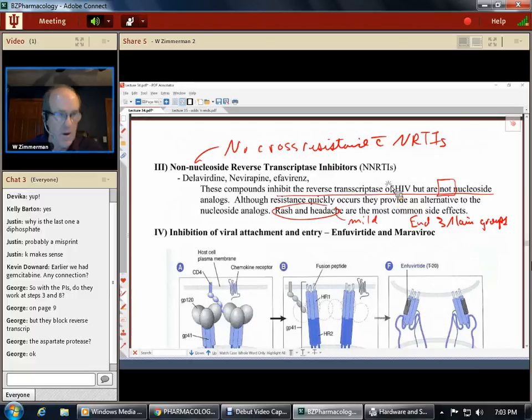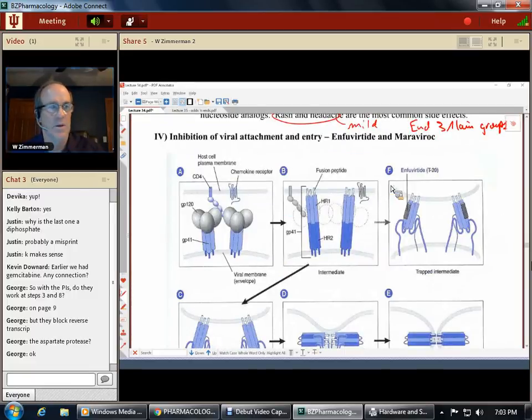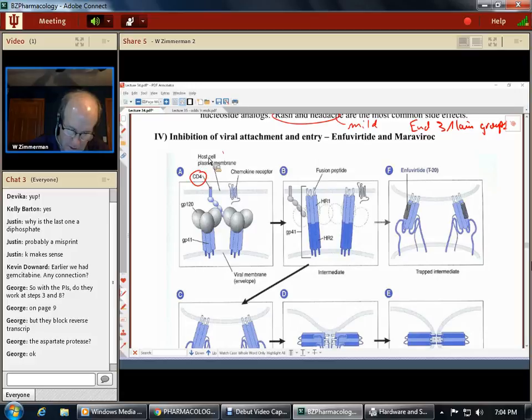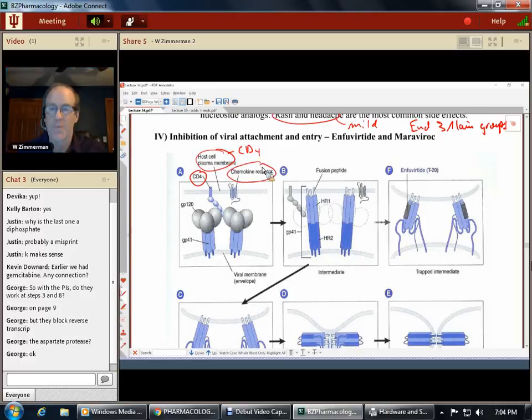The next two compounds, and we're getting pretty close to the end of the HIV drugs here, are drugs that inhibit the viral attachment and entry. In this diagram, I'll admit it's fairly complicated. It's more than what we need. But here's our CD4. This is, of course, our host plasma membrane, so this would be the CD4 cell. Our chemokine receptor is sitting here.